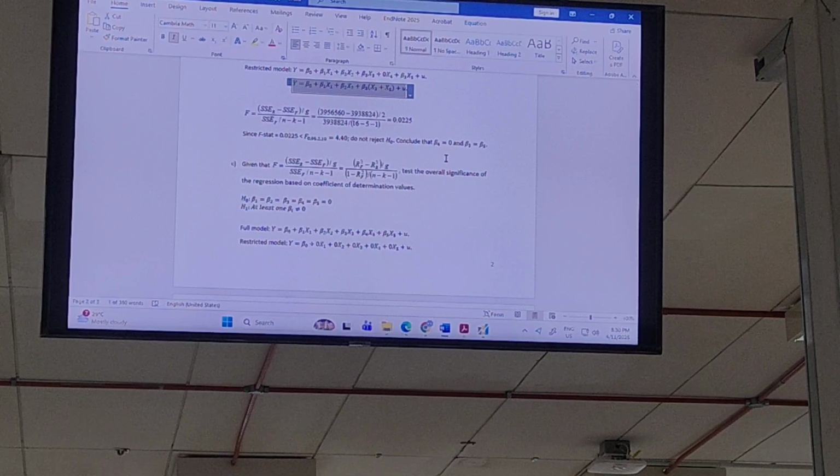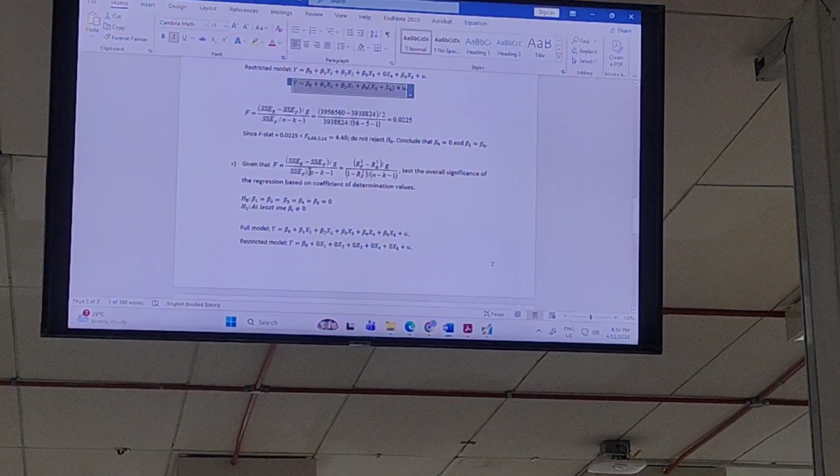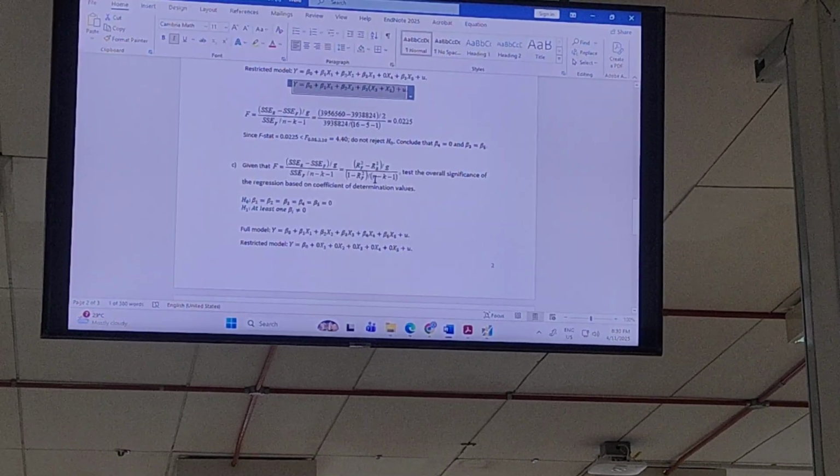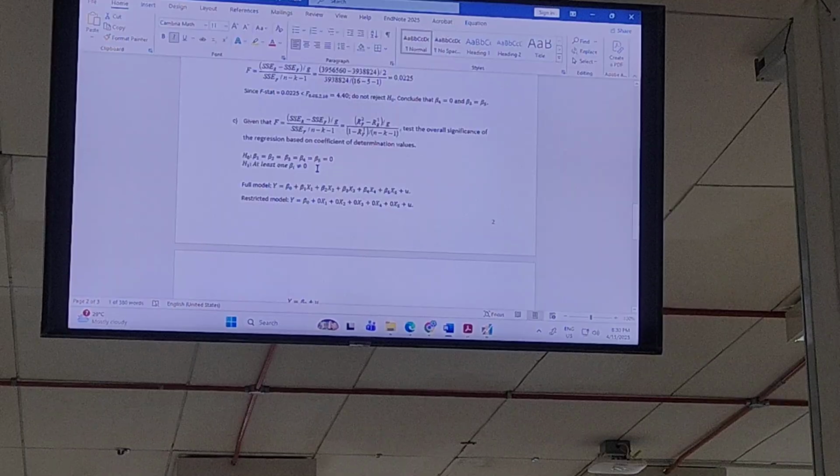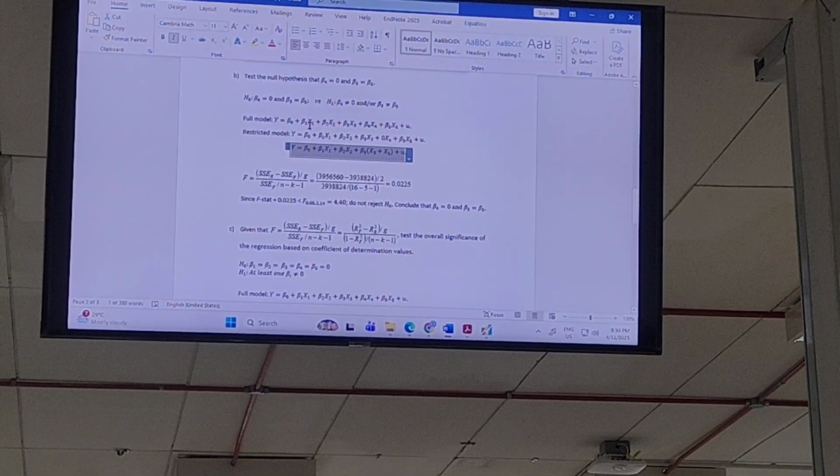Question number 2C. Given this formula, instead of using the sum of squared errors, we also can calculate the test statistic, the F statistic, using the coefficient of determination R square. And perform this test. This is the overall significance test, meaning that you perform the test for all slope parameters jointly: beta 1, beta 2, beta 3, beta 4, beta 5 all equal to 0.